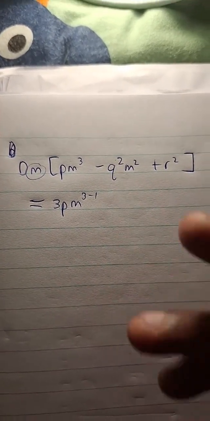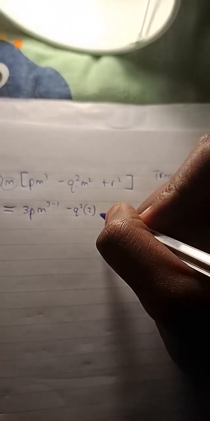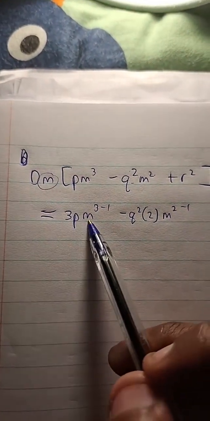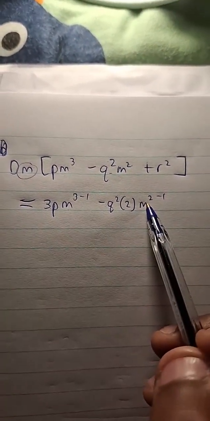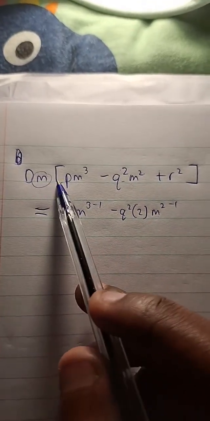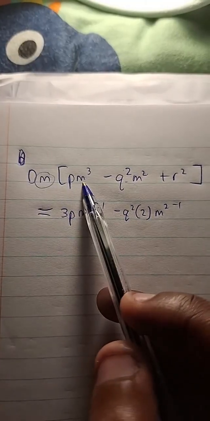Negative q squared, I treat it as a coefficient. We times it by the 2. The 2 comes down, gets multiplied with the coefficient, m to the power 2 minus 1. You see, guys, because I'm deriving with respect to m. Okay? There's no x. We were asked to derive with respect to m.